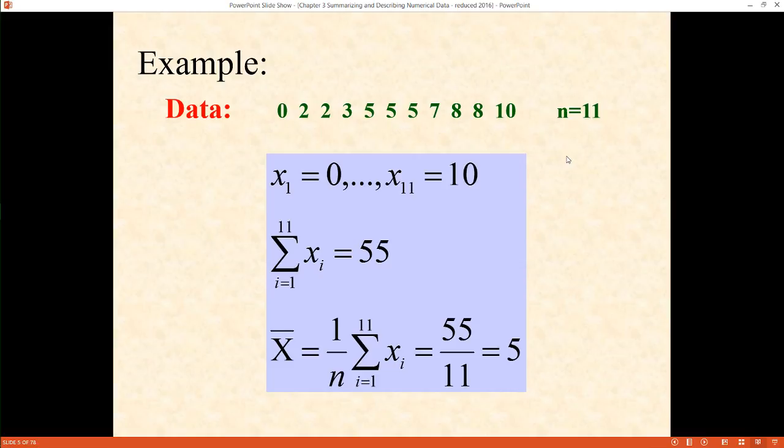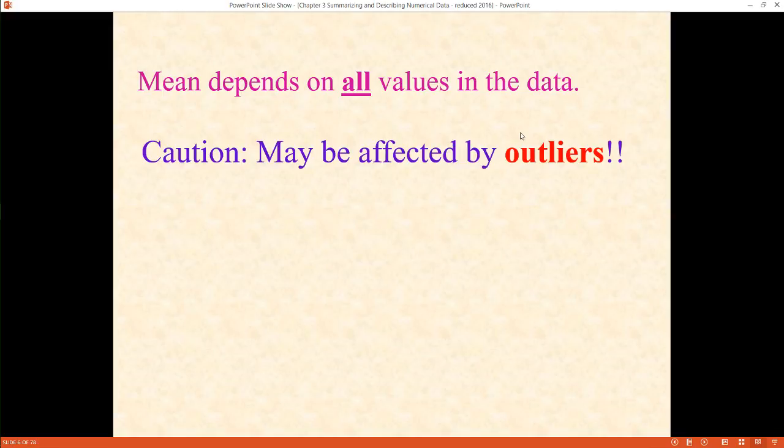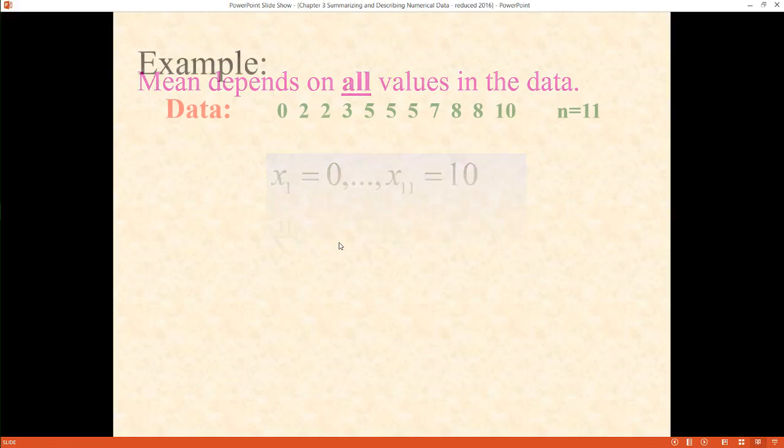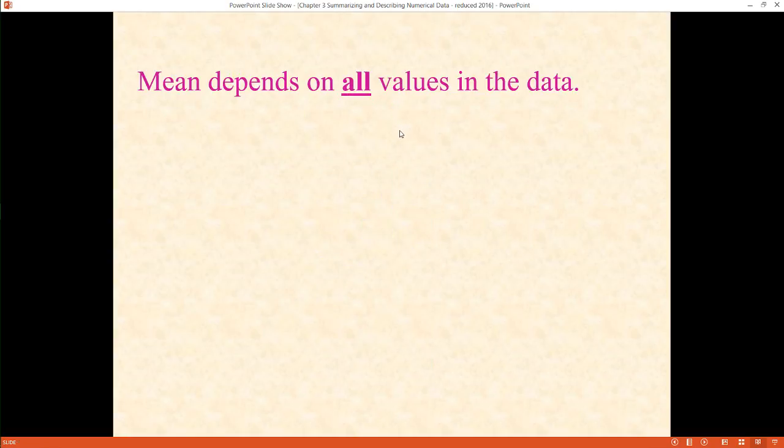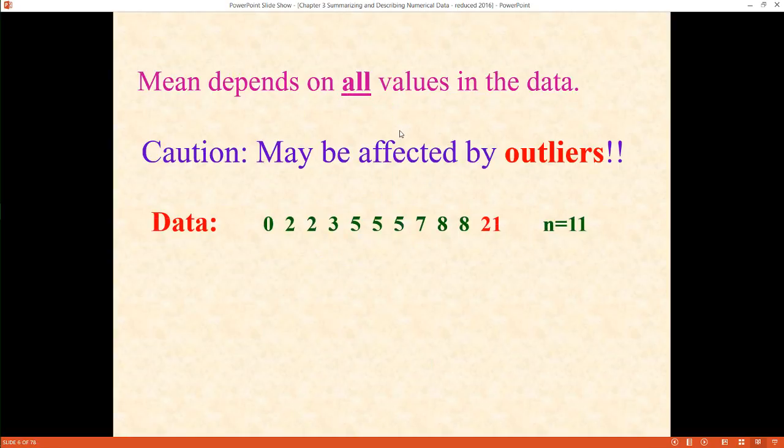However, if you have outliers, which just means we have an observation way far away from the center, on one side or the other, or maybe even both sides, that can screw up your mean. Okay, so let's say I have, instead of 10 being my highest value, I have 21.